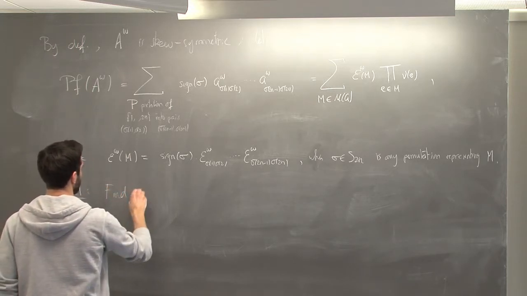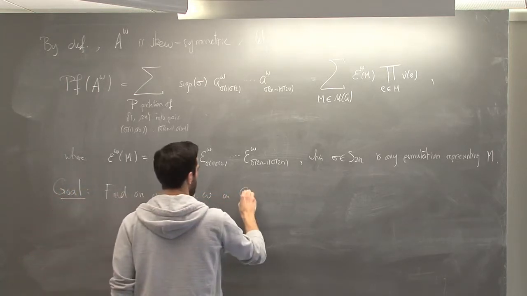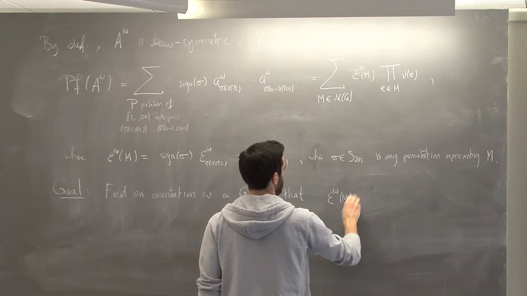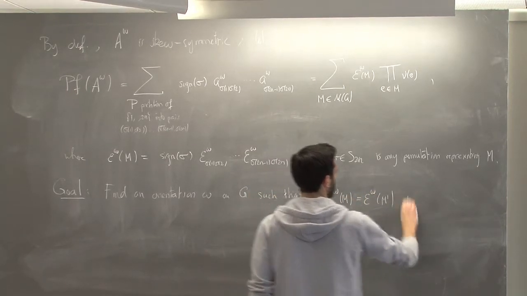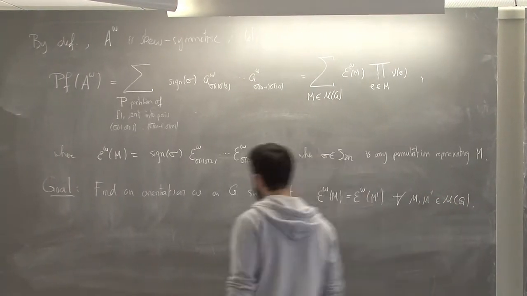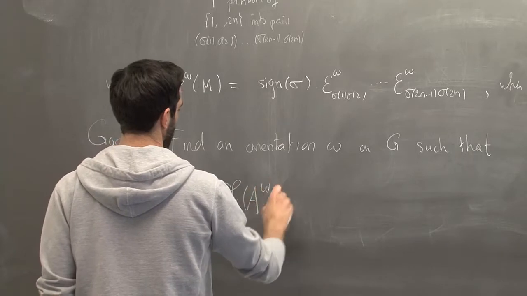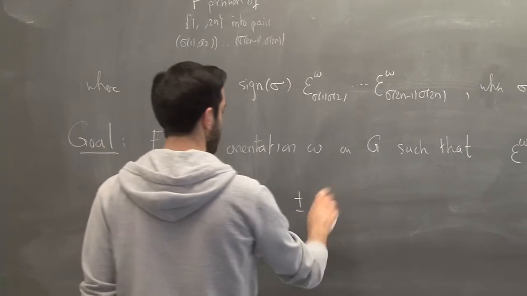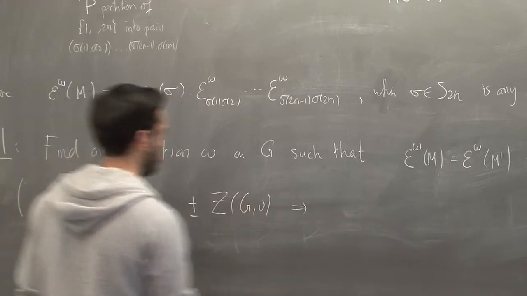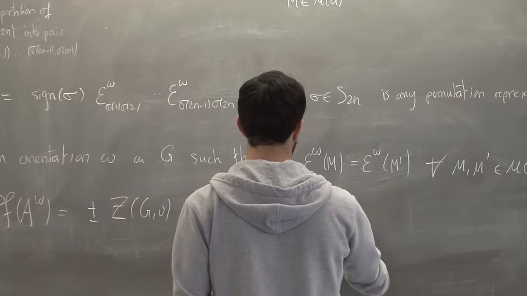Goal: find an orientation omega on G such that epsilon omega of m is equal to epsilon omega of m prime for any m prime perfect matchings on G. Why? Because this would imply that the Pfaffian of A omega is equal to plus or minus the partition function. And since this is a positive number, we will have that the partition function is simply equal to the absolute value of the Pfaffian.